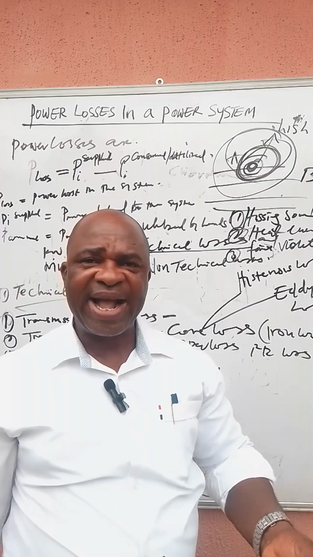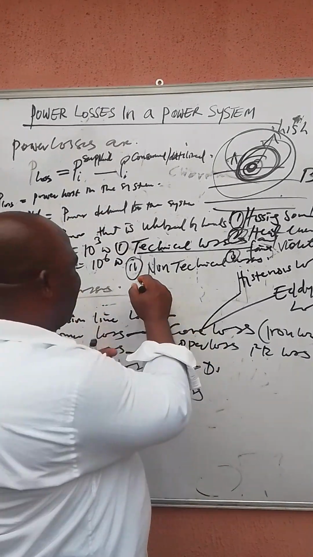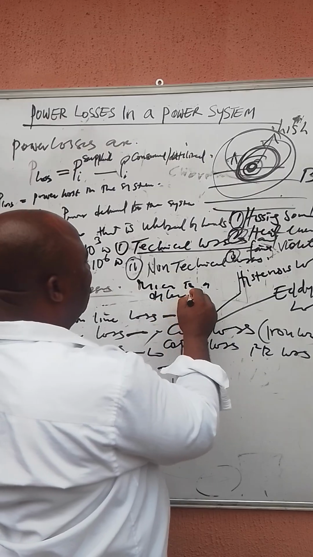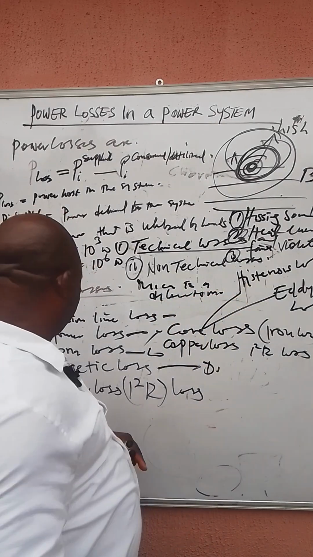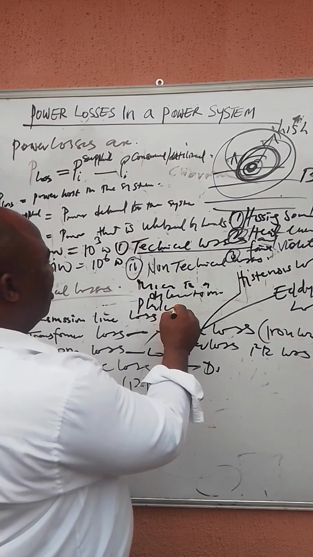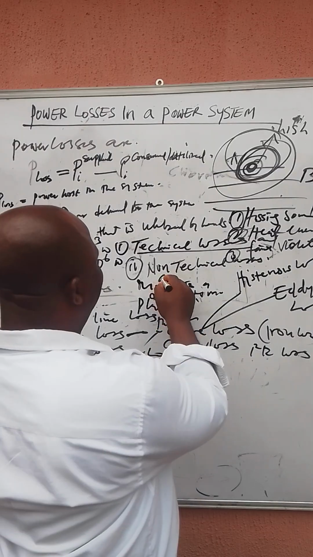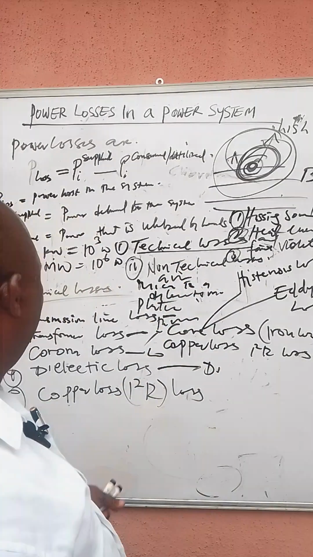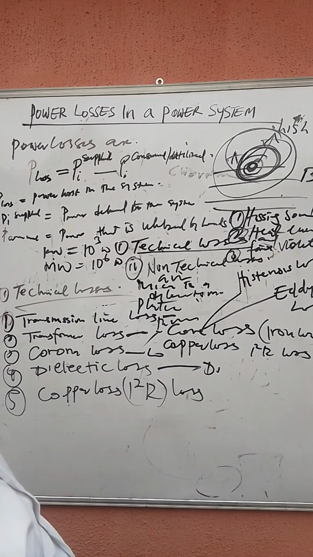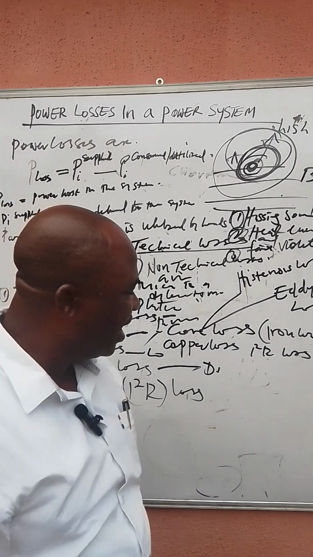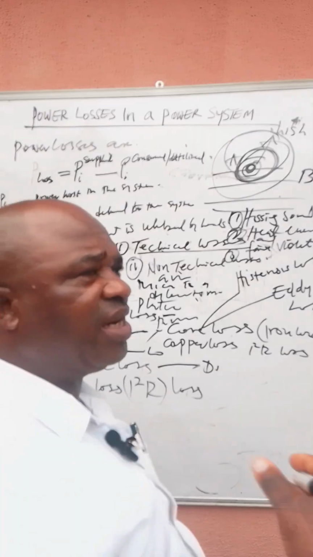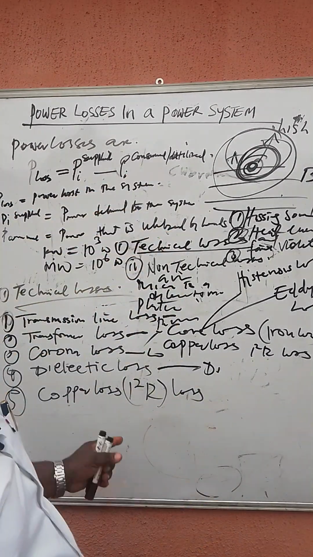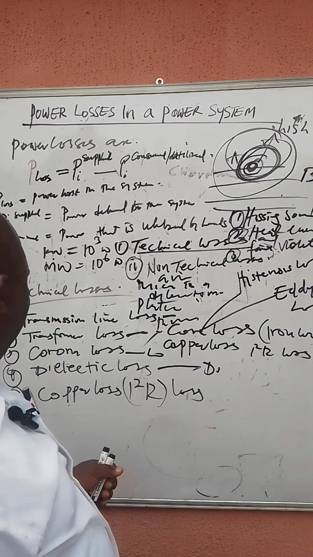Examples are mica, which is a dielectric material or substance, then plastic, rubber, and air. All these are various dielectric materials, so we say they are insulating materials. There are losses that occur in insulating materials when the electric field energizes their movement.